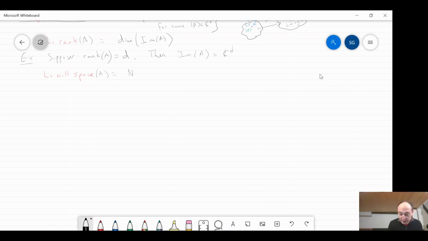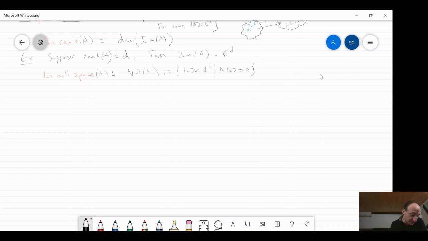So more formally, this is going to be the null space of A. Okay, maybe I should write this like this. So I'll write null of A. What is that equal to? Well, it equals the set of all vectors psi in C^D, such that when I hit this thing with the map, it goes to 0. Okay, so that's the null space of the map A.